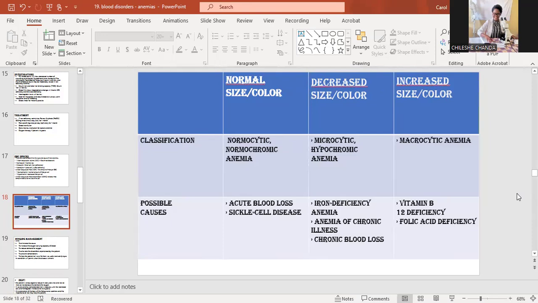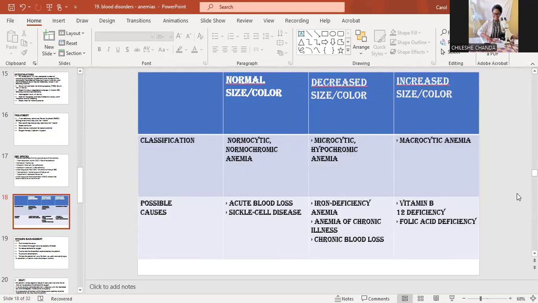Sickle cell disease, where these blood cells are breaking down, the sizes will be normal. Maybe the shape will be distorted, but the sizes will be normal. The color will be normal, right? And then we have microcytic hypochromic, where the color of the cell looks very pale and the size is very small.